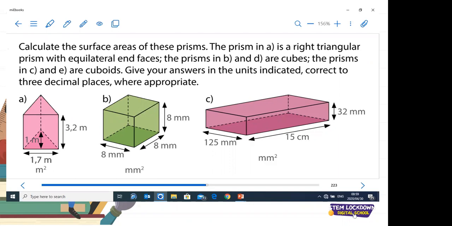For instance, the height is 3,2, and then you also have 1 meter there. That's the height of your triangle, and the base is 1,7. So you can do half the base times the height, and thereafter you can calculate the entire surface area.